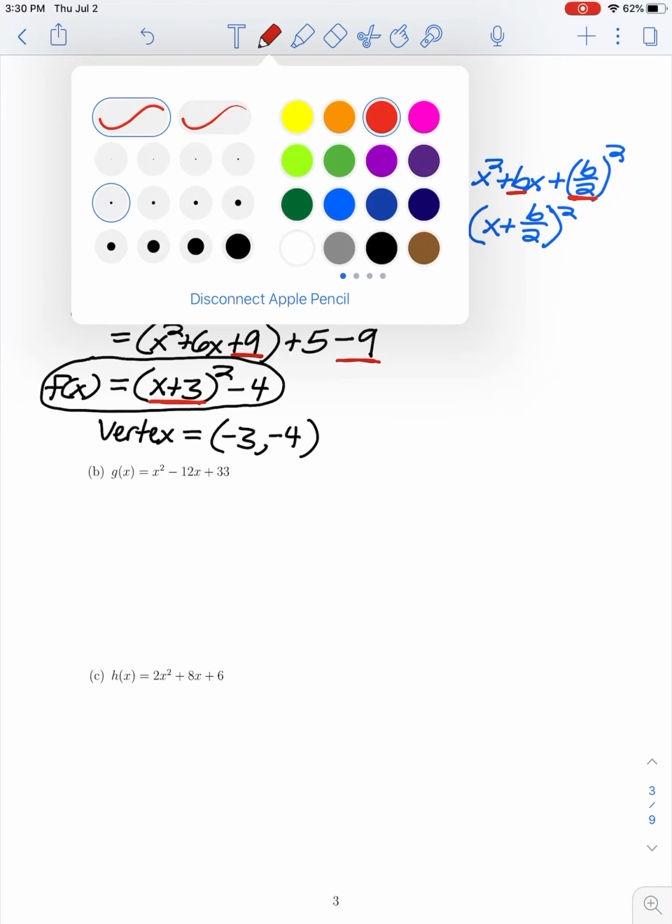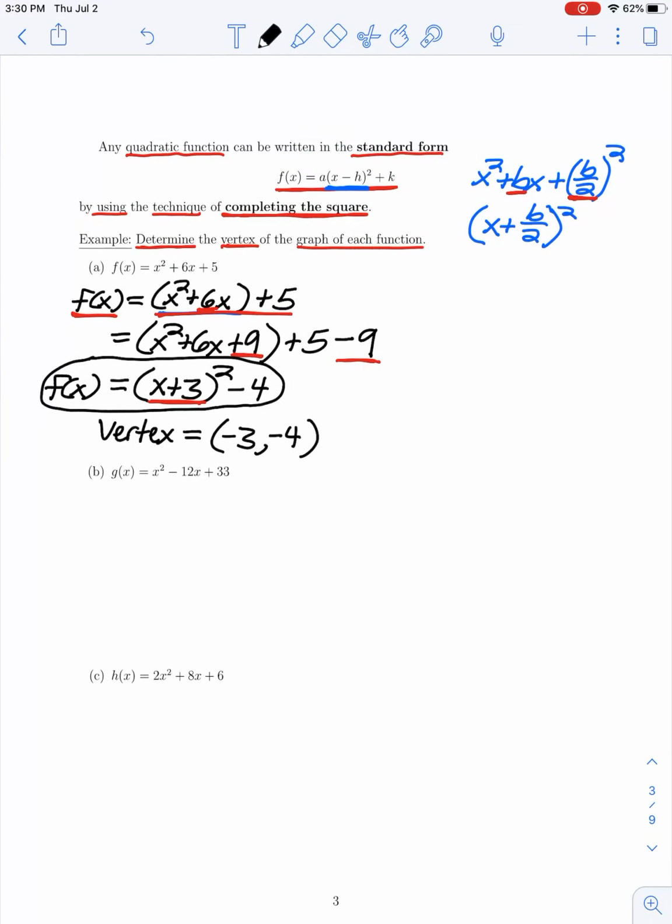So let's look at another one. In part B, we have g of x is x squared minus 12x plus 33. So using the same approach as in part A, I might think about the x terms as being on their own, x squared minus 12x, and then my plus 33 on the end.